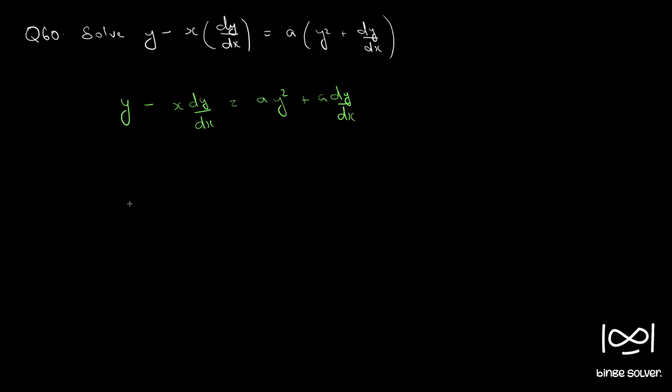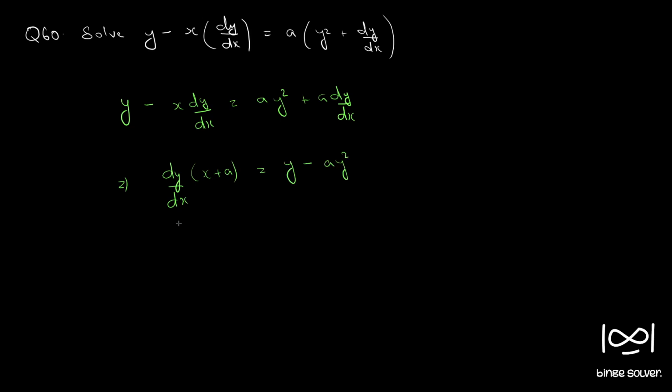So we will bring dy by dx onto one side. We will get dy by dx into x plus a is equal to y minus ay square.